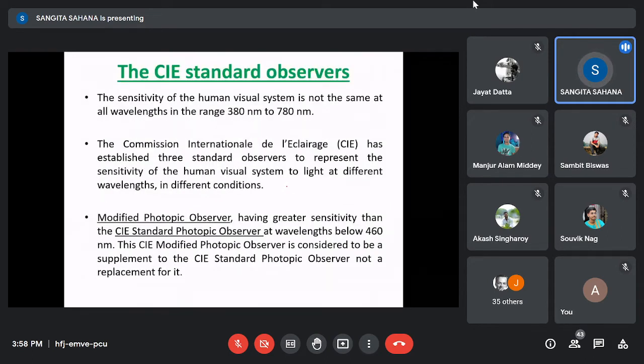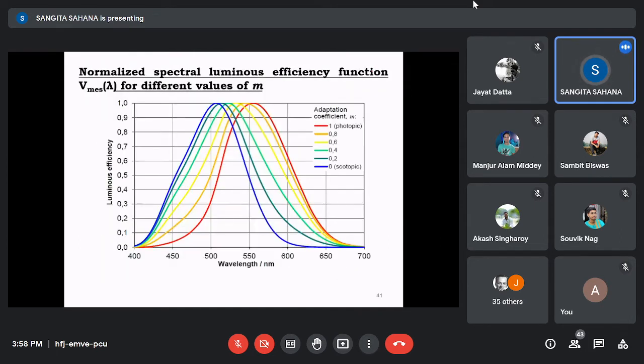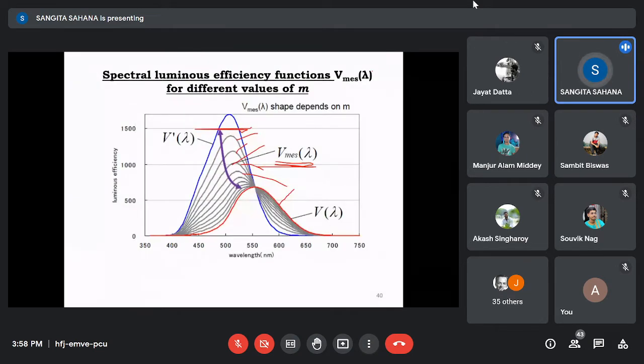The CIE standard observer. Now, although I am saying that this is the function of the human eye, all of us don't have the same kind of eye, right? Everyone's eye power is not the same. For someone it may be less or more than 555. Someone can see more or less than the others.